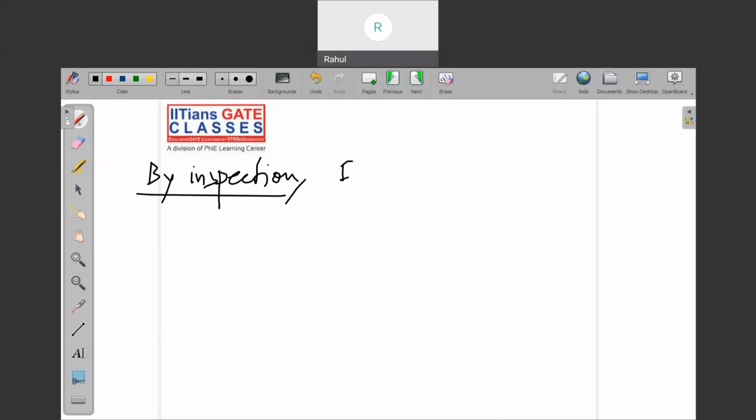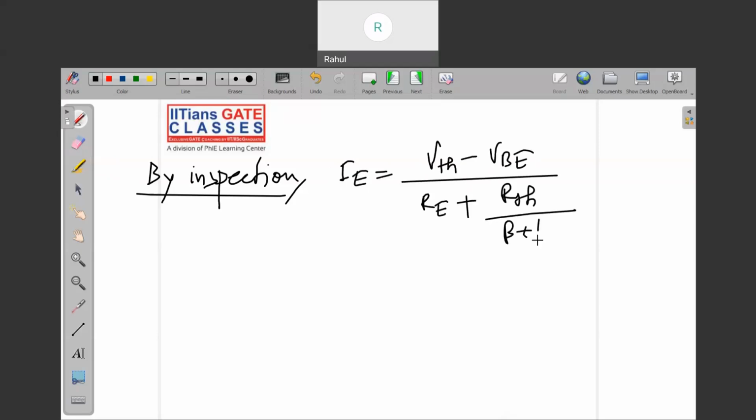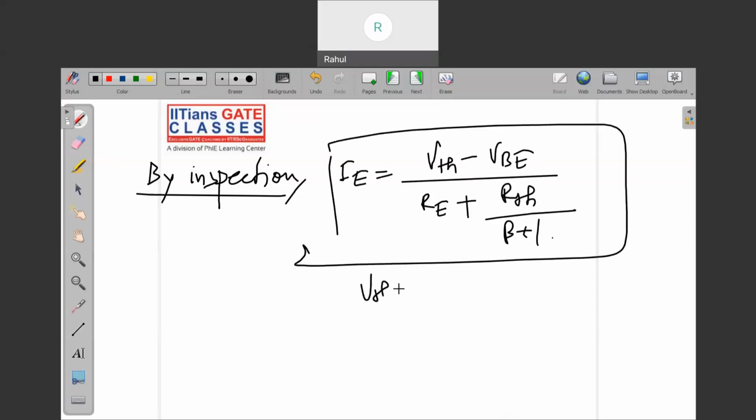So IE can be written as VTH minus VBE upon RE plus RTH by beta plus 1, where you know that VTH is basically VCC R1 by R1 plus R2.